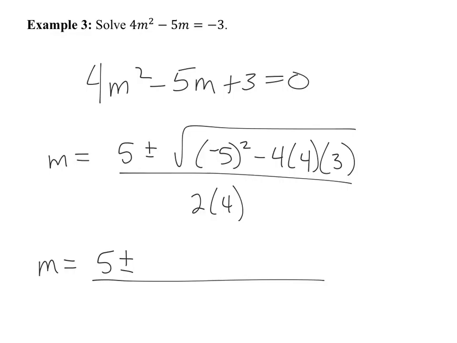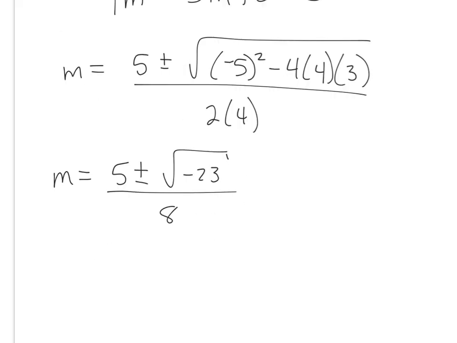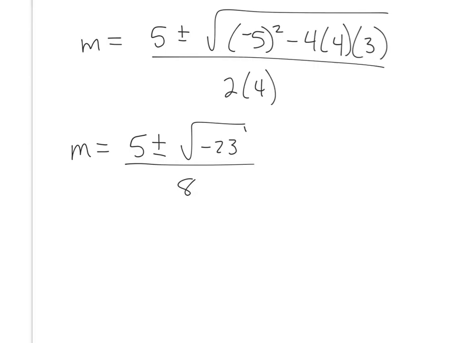So we're going to have 25 minus, we have 4 times 12, which is going to give us 48. 25 minus 48, negative 23, all over 2a. How do I write this as an answer then? If I have a negative, Morgan? 5 plus or minus the square root of 23.